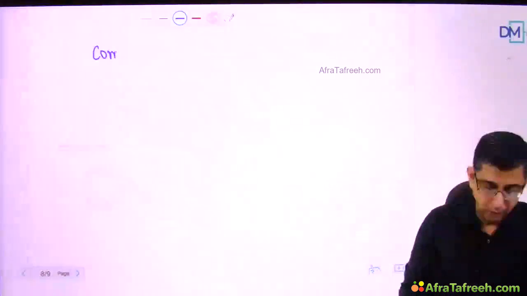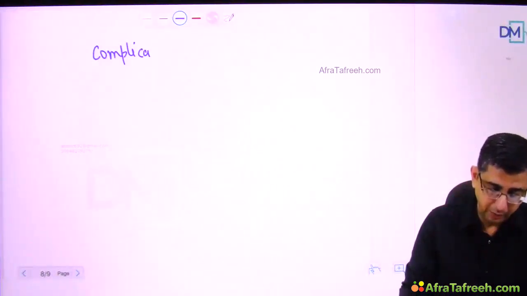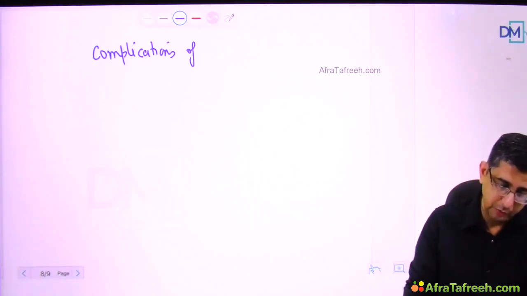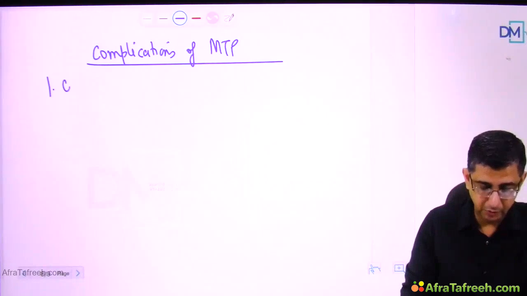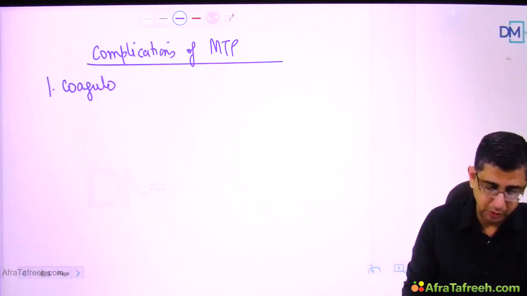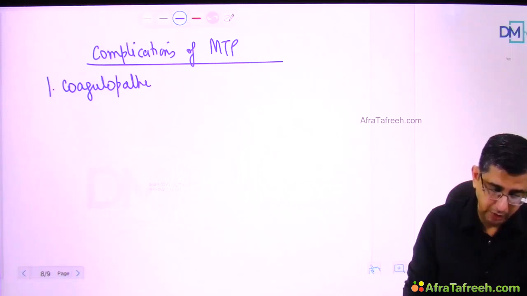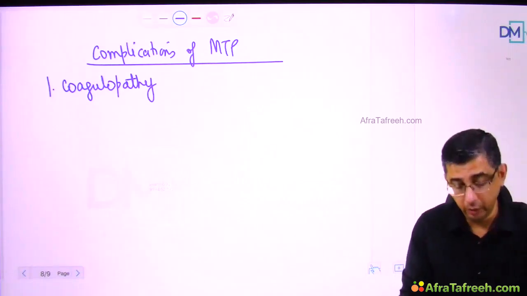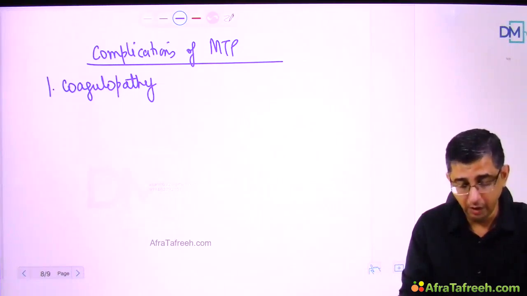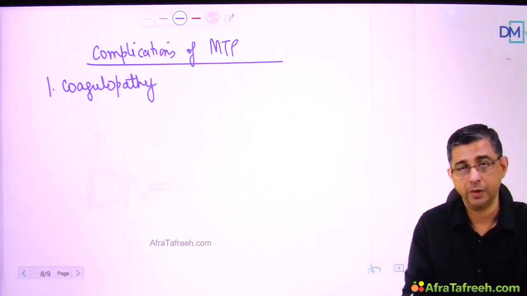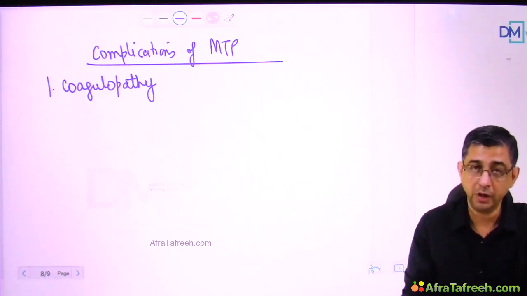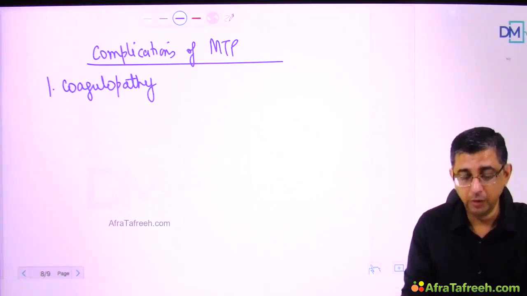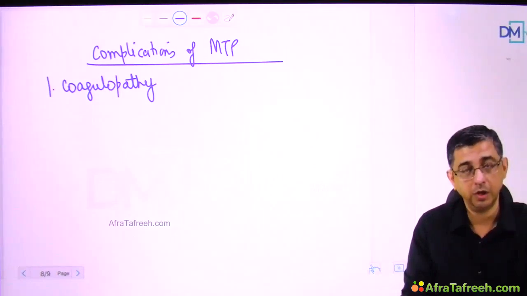So we shall now discuss complications of massive transfusion protocol or MTP. One of the important complications of massive transfusion protocol that is given in older books is coagulopathy. I have today tried to explain to you the fact that we are trying to minimize this coagulopathy because trauma also causes coagulopathy. We are trying to minimize this by using a pressurized rapid infuser with an inline warmer that will warm the blood component so that the hypothermia component can be minimized.